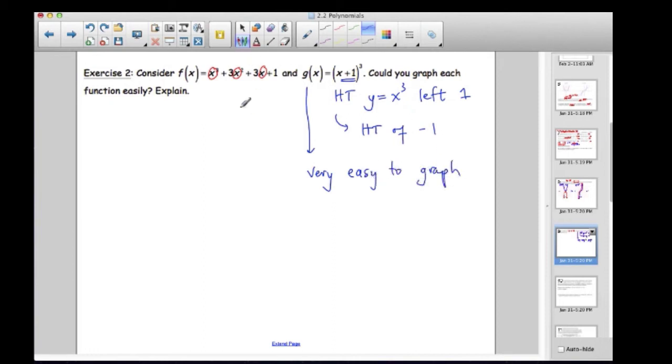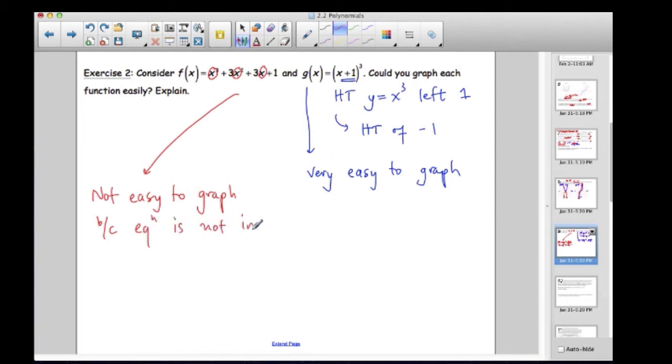The other one is not so easy to graph, but if we know some factoring, let me write: not easy to graph. And the reason it's not easy to graph is because the equation is not in transformational form. But if we could do some factoring or techniques to go from having written the independent variable in more than one term, if we could do something like completing the square, for example, in the last section, then it could potentially become easy to graph.